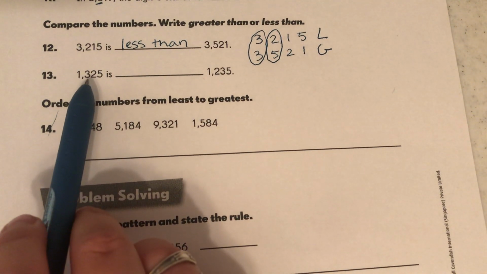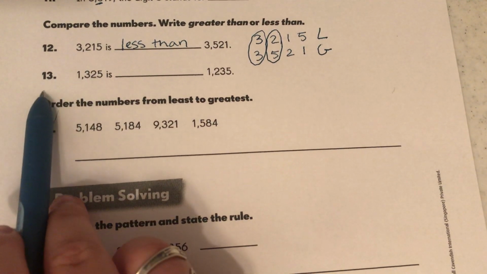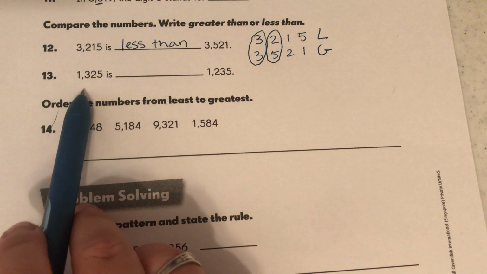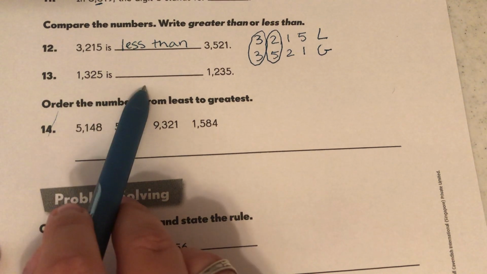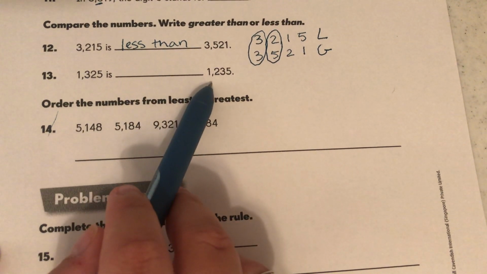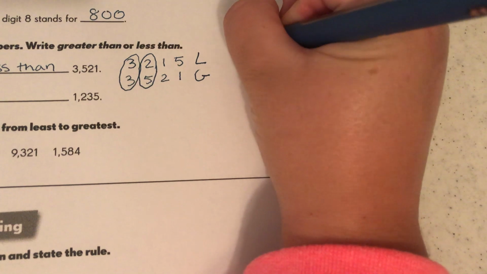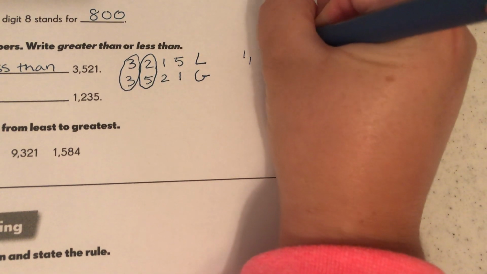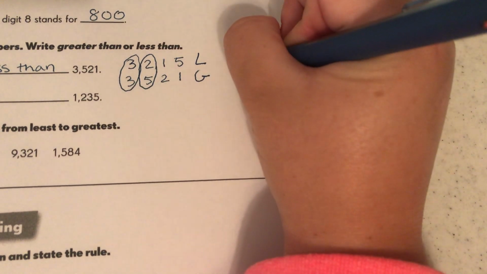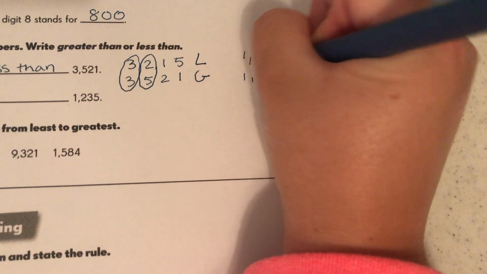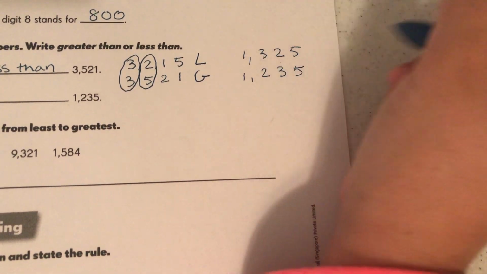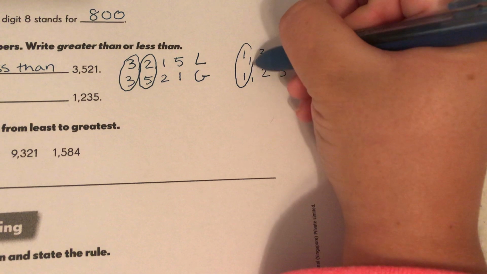We're still comparing using greater or less than. Number 13 asks, 1,325 is blank, then 1,235. Once again, let's compare. 1,325 compared with 1,235. I compare the thousands.